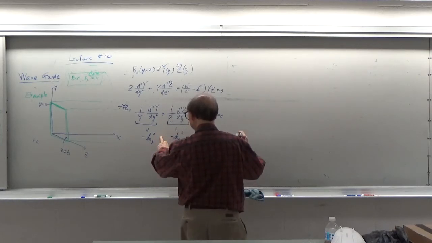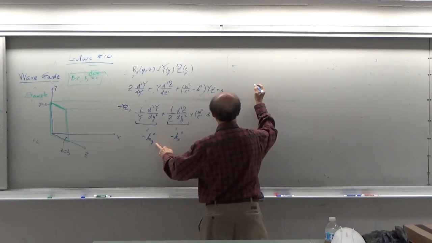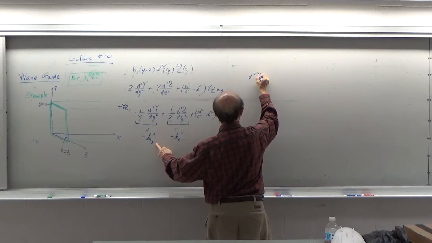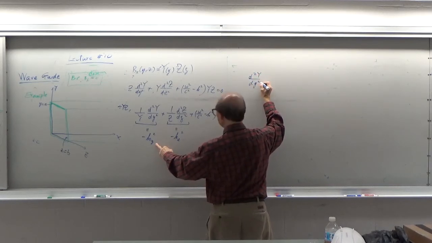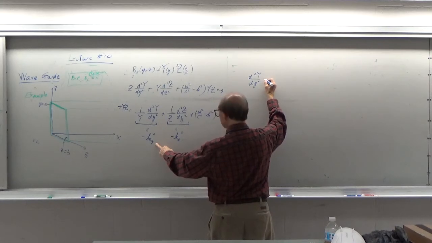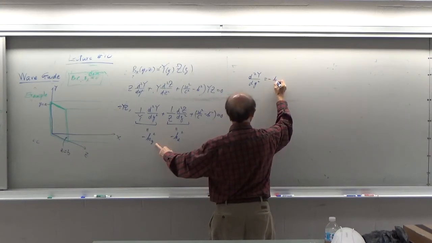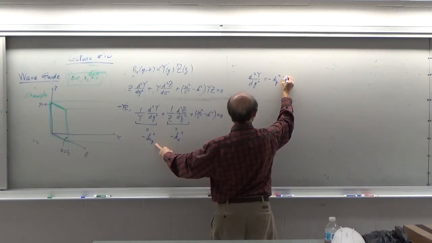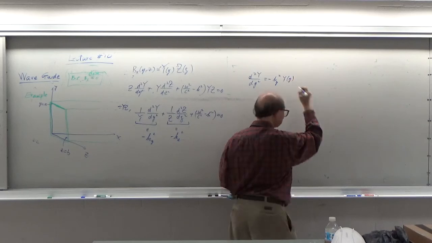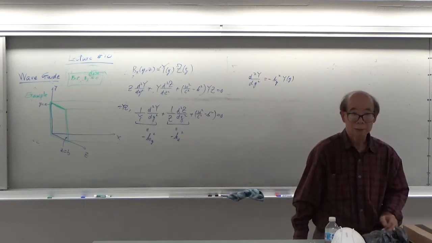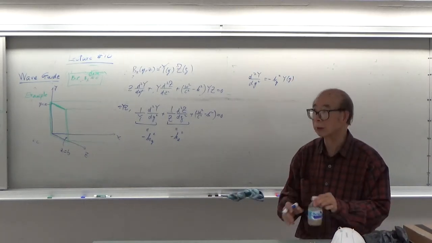So that means that for this, d squared Y by dy squared is equal to minus a constant, which I call ky squared, times Y, which depends only on the y coordinate. It is a second order differential equation, so there are two solutions.